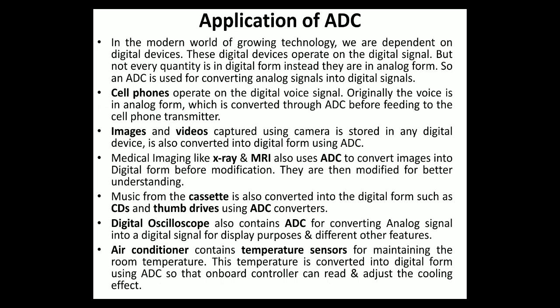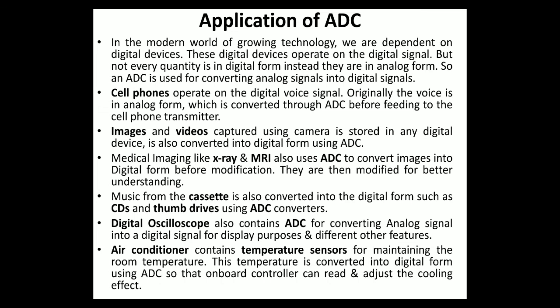Now air conditioners, which are a need of today for summer. They have temperature sensors for maintaining the temperature. They are set automatically, and they have temperature sensors. Temperature is an analog quantity, so it has to be converted to digital, and then the processor takes that input value and, based on it, decides whether the temperature in the room should be lowered or set to some nominal value.